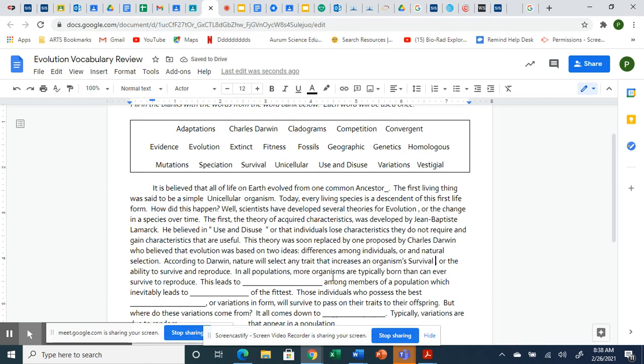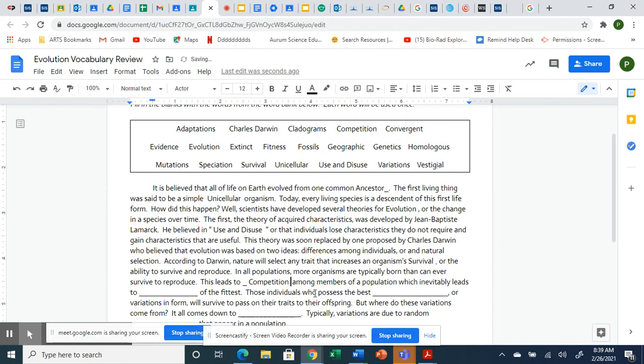In all populations, more organisms are typically born than can ever survive or reproduce. This leads to competition among members of the population, which inevitably leads to survival of the fittest.